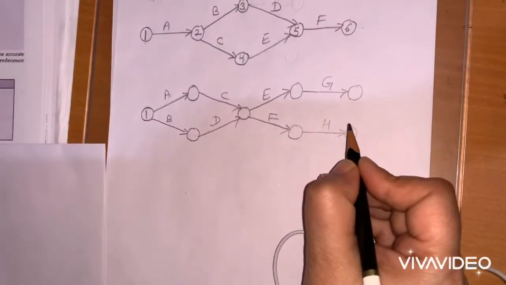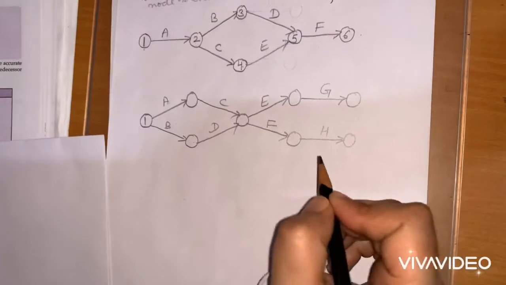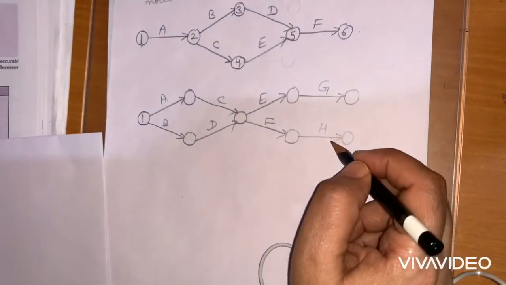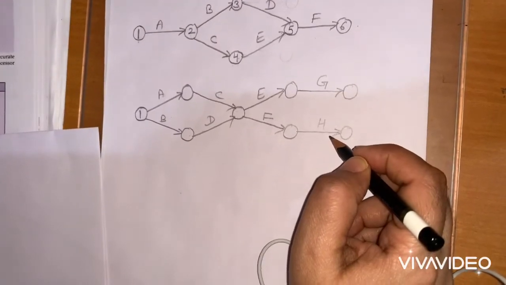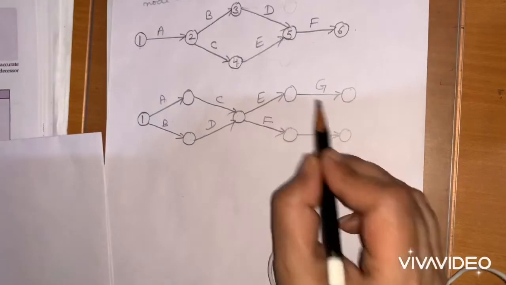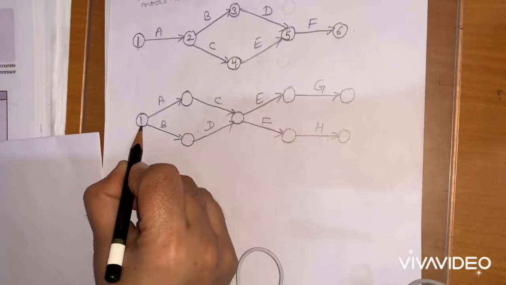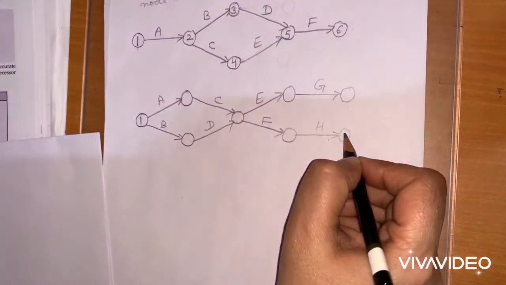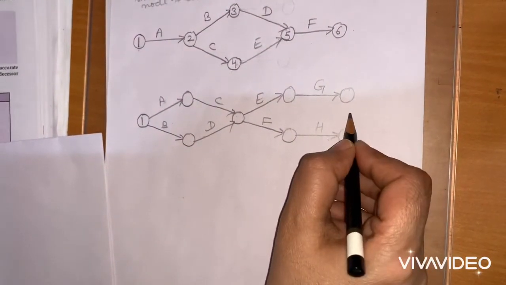But dear students, the question does not stop here, and if we draw like this it will be wrong. So one more tip for drawing a PERT network: as there is one initial event, all activities must end at one common event. That is, the end event should be only one.